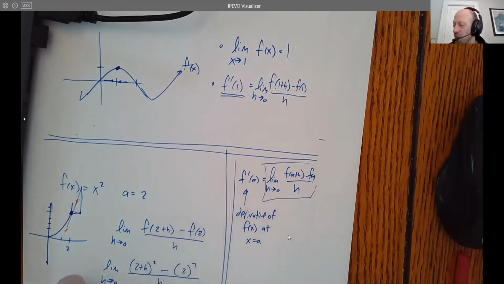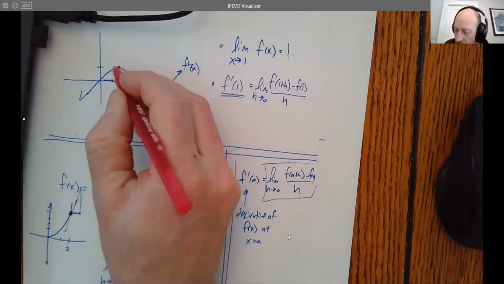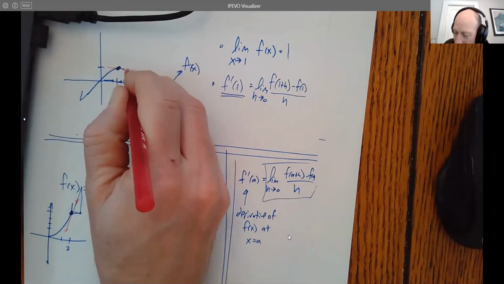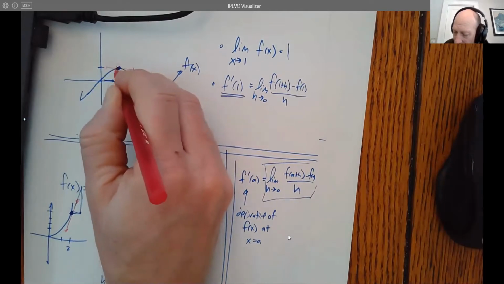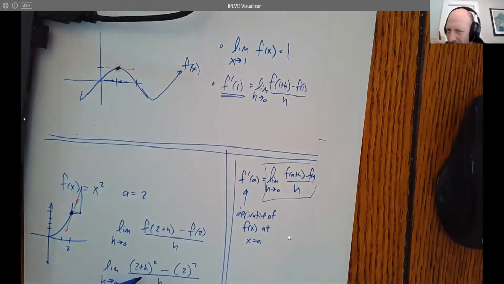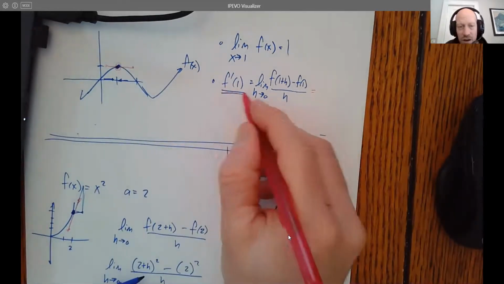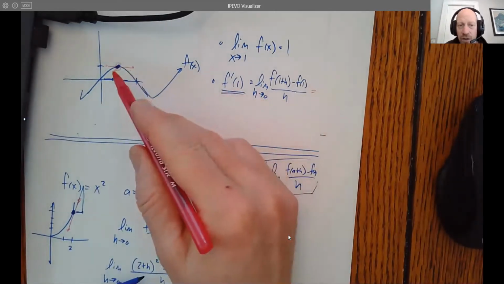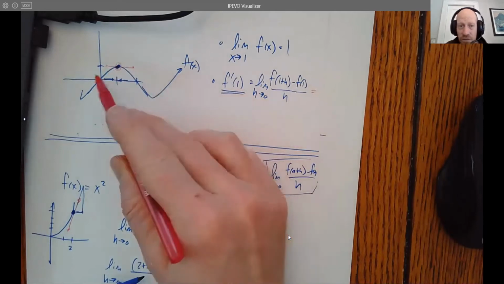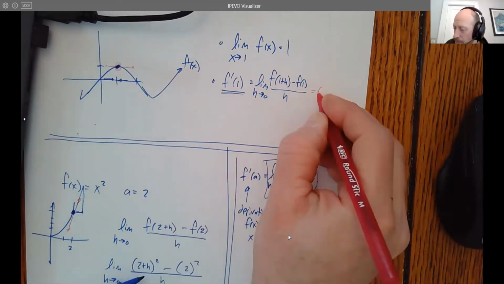This is calculating the slope of the tangent line. So if I drew a line that just sort of mirrored that function right at that point, right? Imagine you zoom right in, the line and the function look very similar. That's what the tangent line is. This here, f prime of 1, is going to be 0 because this function is flat.